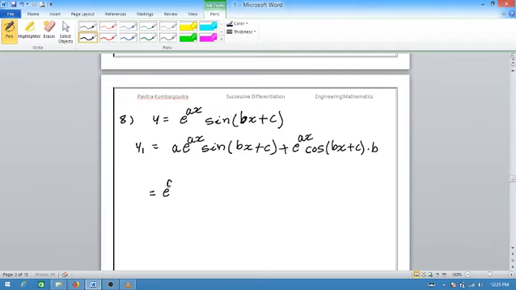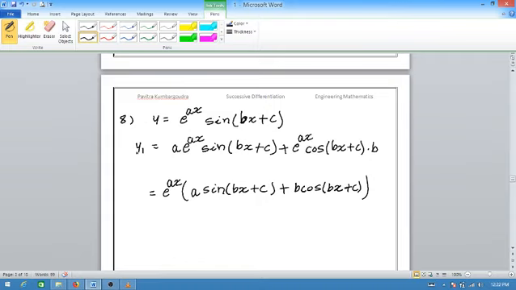E to the power of ax is common, right? Into a sine bx plus c plus b cos bx plus c, correct?